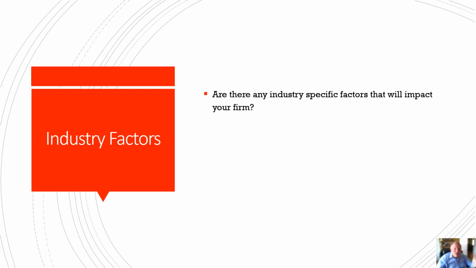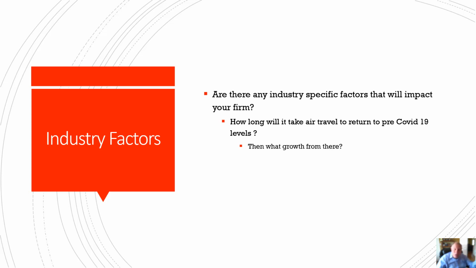Are there any specific factors that will impact your firm? And this can be many of them. How long will it take air travel to return to pre-COVID-19 levels? Then what growth happens from there? What's happening with home builders, restaurants, retailers? So we're going to have to look at those factors.